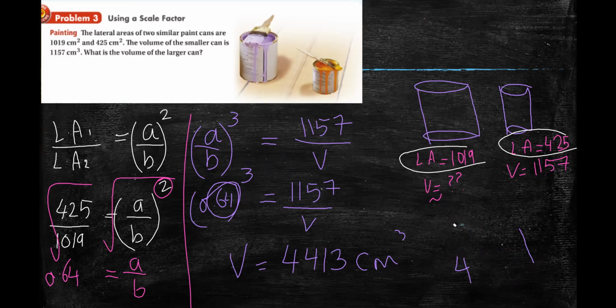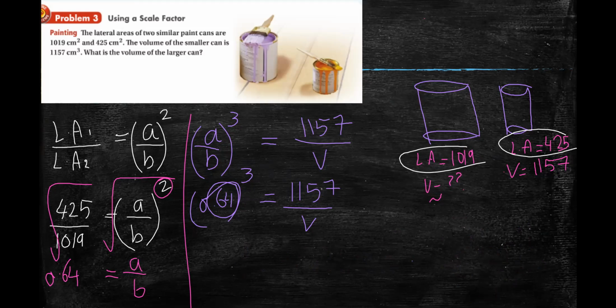Okay, now let's repeat the last part here. As I told you, you have the lateral area of the two solids. From the lateral area, you can find the ratio of the square of the scale factor.